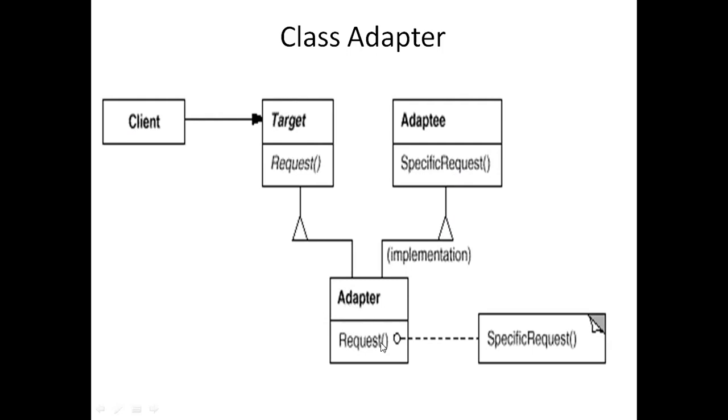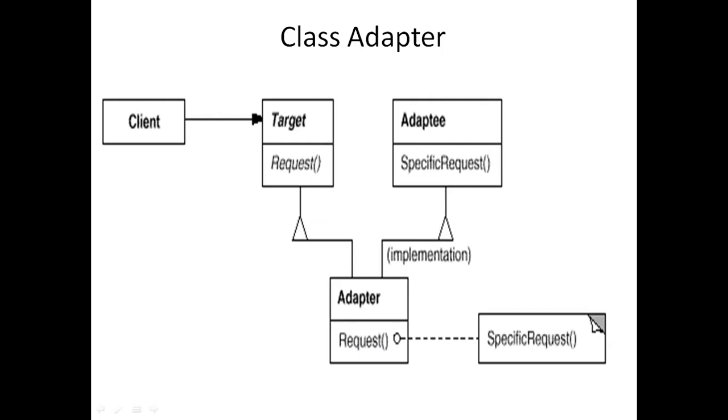So the adapter interface remains as request. So client will be using request only, but request in turn will call specific request because it can access the specific request operation of adoptee as it is inherited. Here we can see the multiple inheritance structure of the adapter. So request is not changed, but the implementation of request is changed to specific request by the adoptee. This is called as class adapter solution.